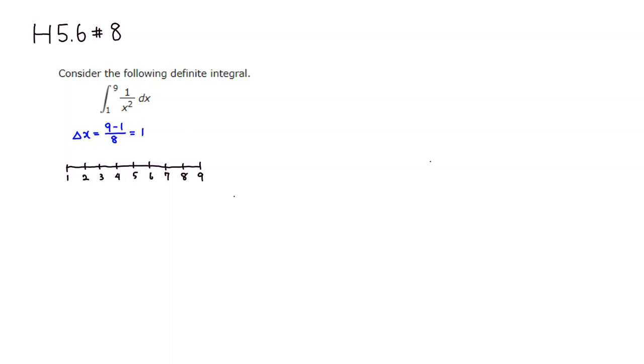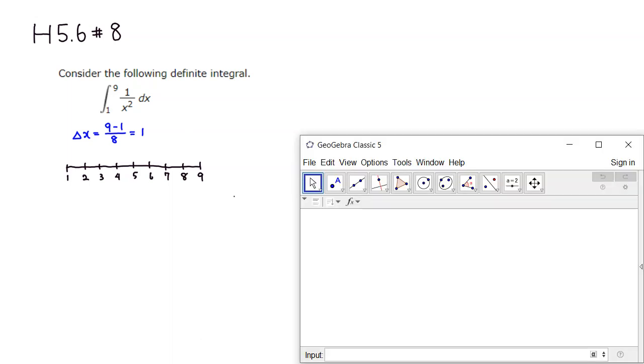I'm going to open up GeoGebra here. First I have to define f of x. So f of x is equal to 1 over x squared. Then for the trapezoidal rule, first you have to have 1/2 there.